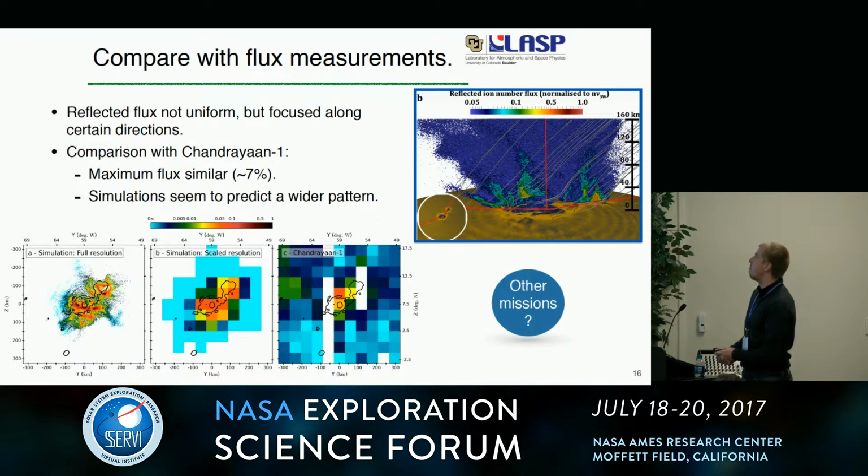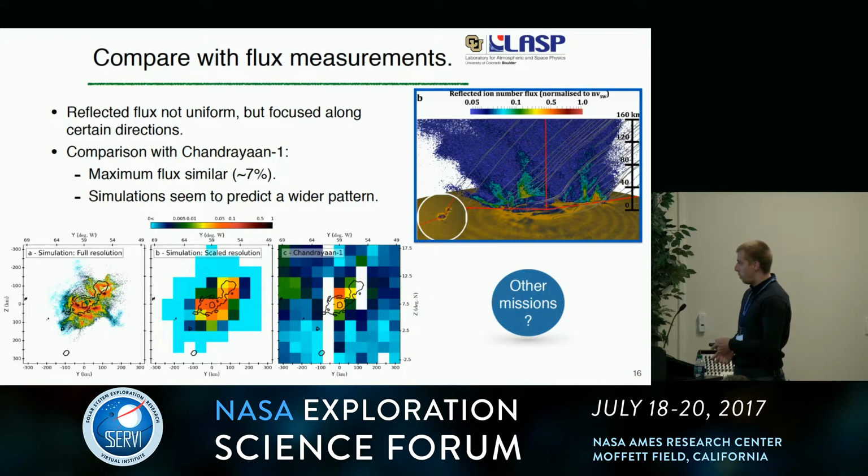Two minutes? Perfect. One last bit is comparing now with actual flux measurements above the surface. We've seen that the surface shielding works, so how about what's been reflected? Looking at the resolution of the simulation, you find a very peculiar pattern.